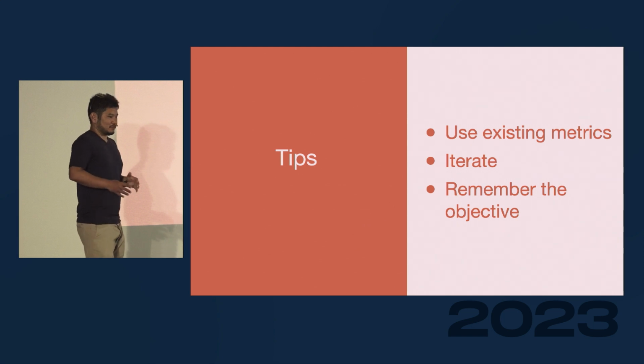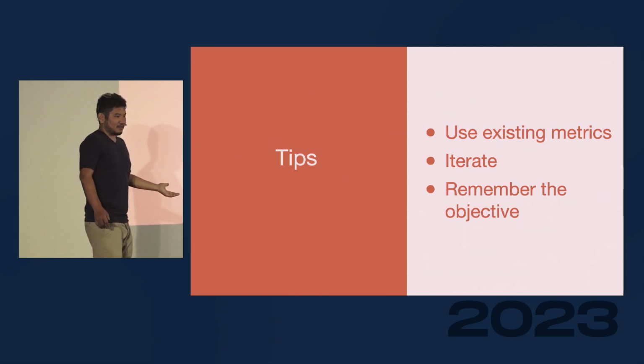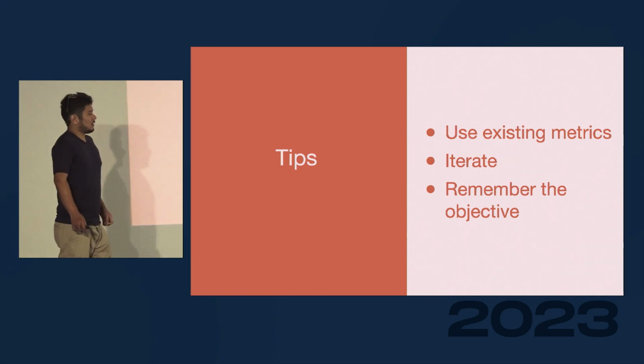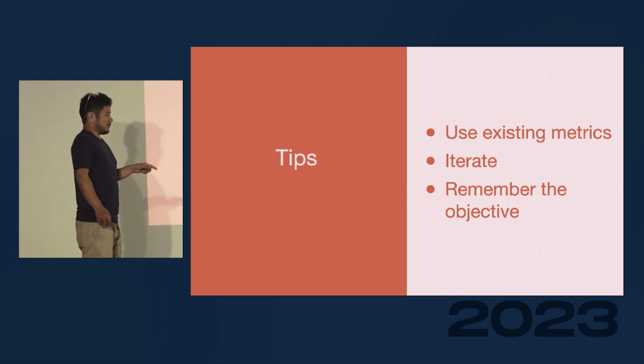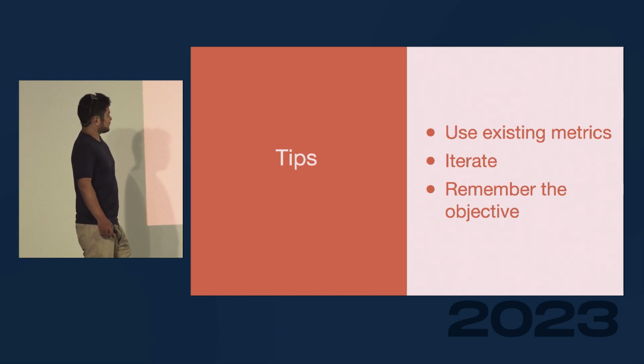Iteration, because nothing is perfect. When we started calculating the build score, at first we were using the post-commit build time. And then we realized that that's really not a number that developers care too much about, but instead we care about the pre-commit build time.